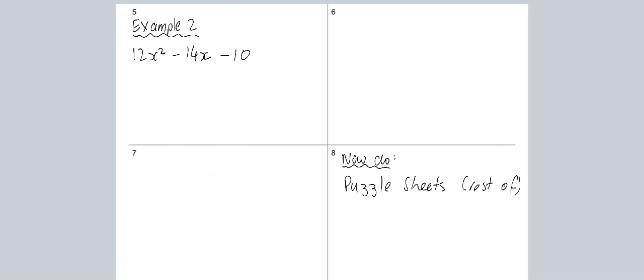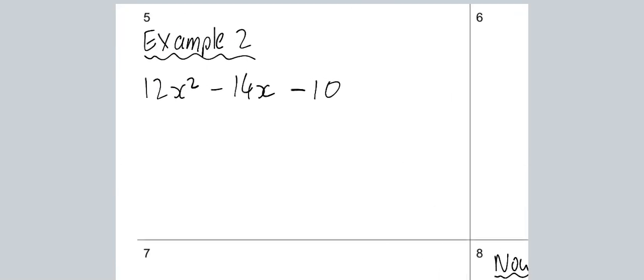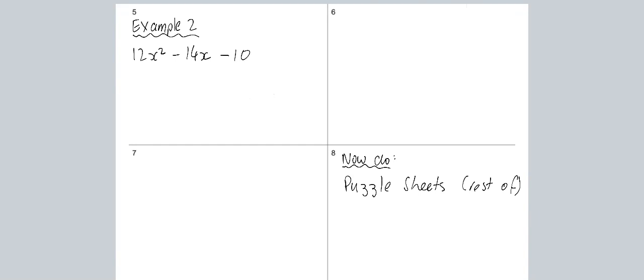Here's the second example then. 12x squared minus 14x minus 10. Okay, so first thing I'll do, actually I'll keep it zoomed out so you can see it all. The first thing I'll do is that hook of it. There's the highest common factor of 2. So I've got 2 outside of 6x squared minus 7x minus 5.